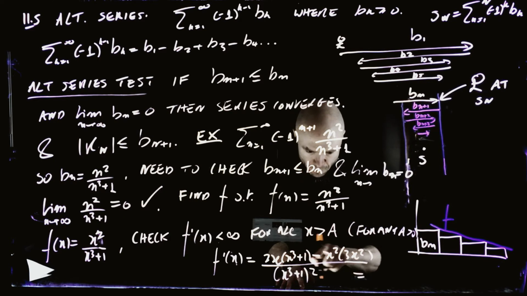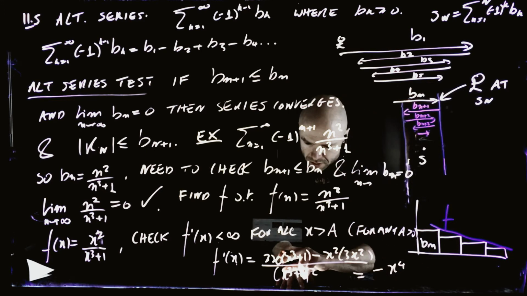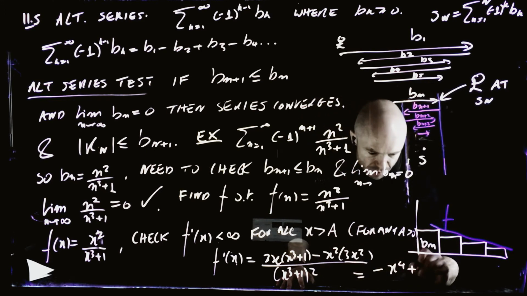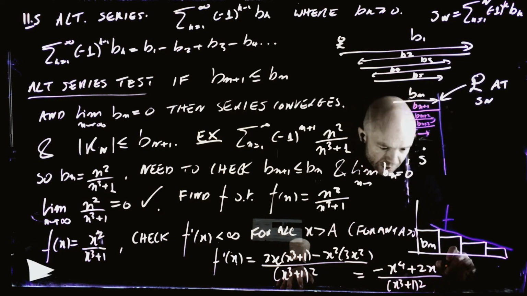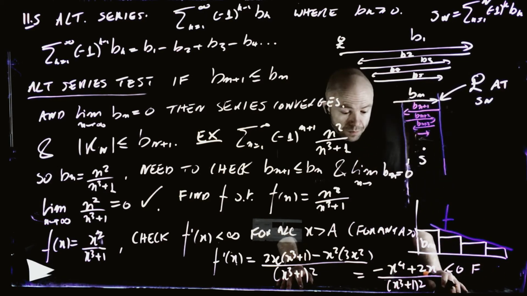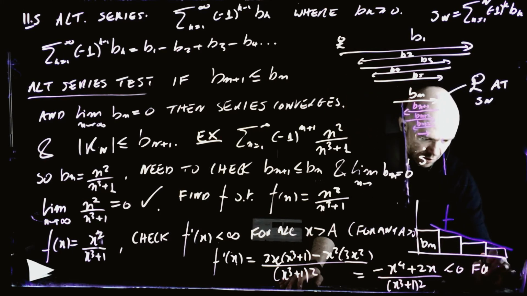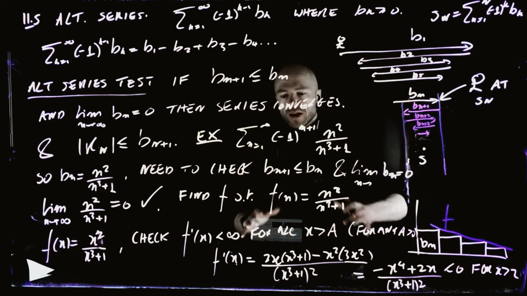So we have 2x to the 4 minus 4x to the 4. So we have minus x to the 4. And then we're going to have just a 2x here. And then this is over x to the 3 plus 1 squared. And then this thing is less than 0 for all x bigger than 2, right? So sure enough, this is a decreasing function, and we're all set.